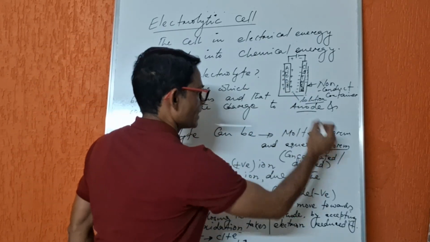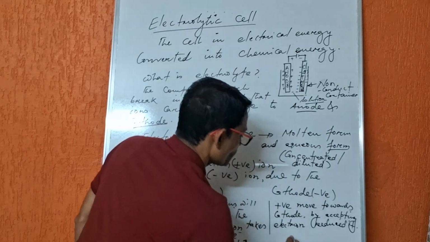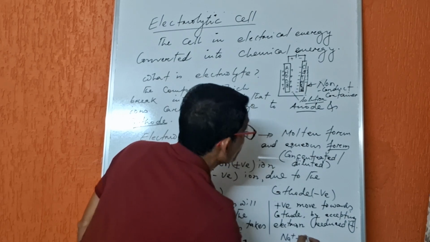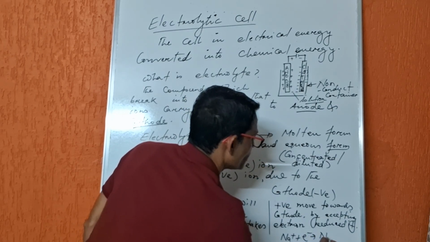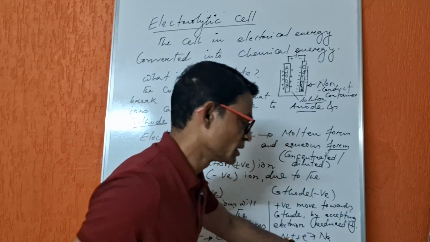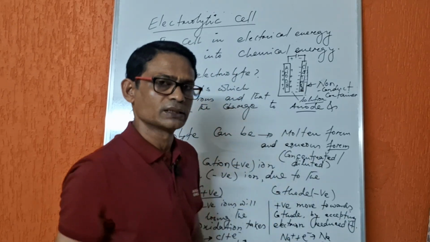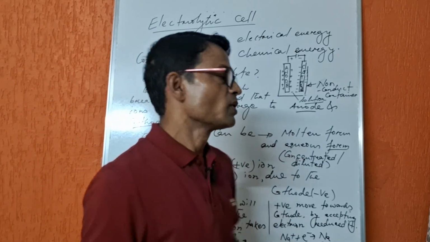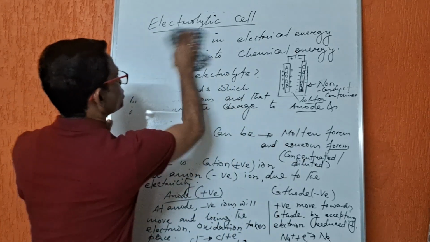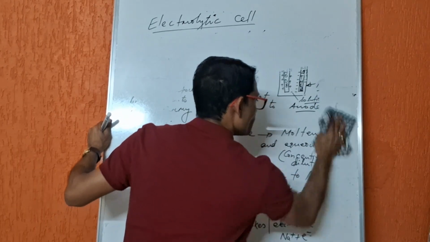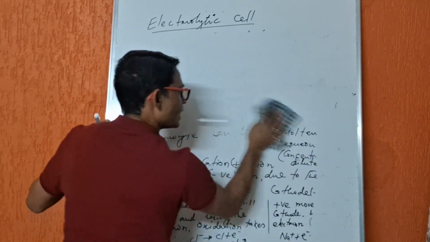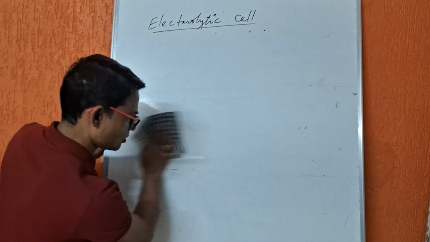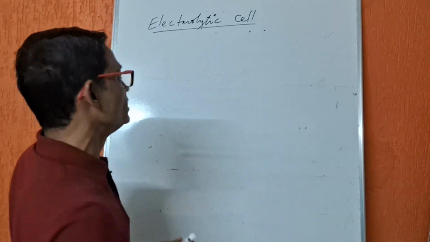Whereas at the cathode the cation moves, accepts electron, is reduced and we will get the products here. Now I will discuss the factors on which products at anode and cathode depend.